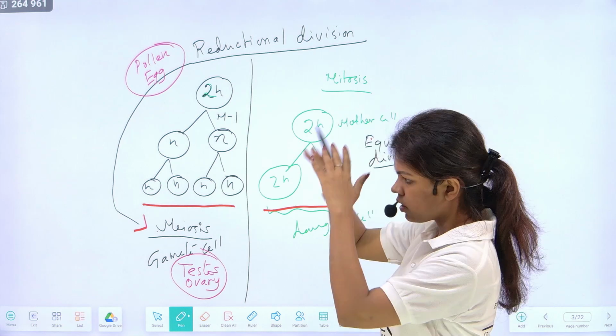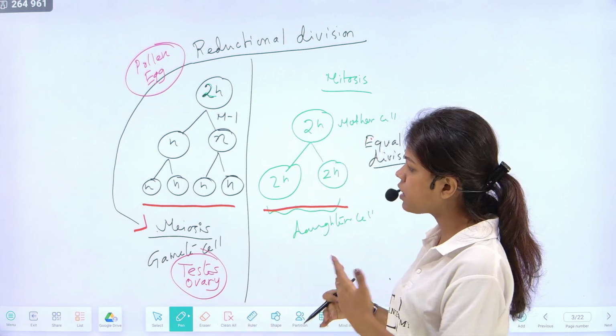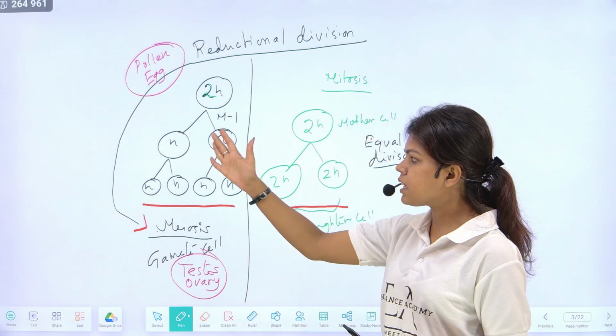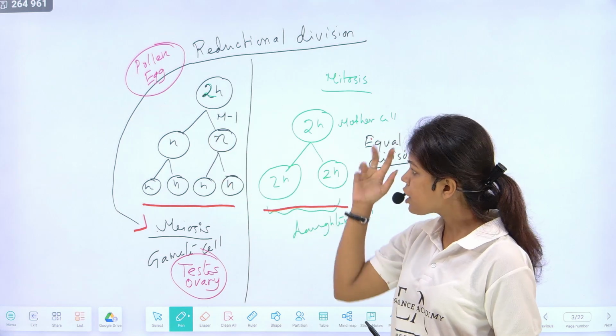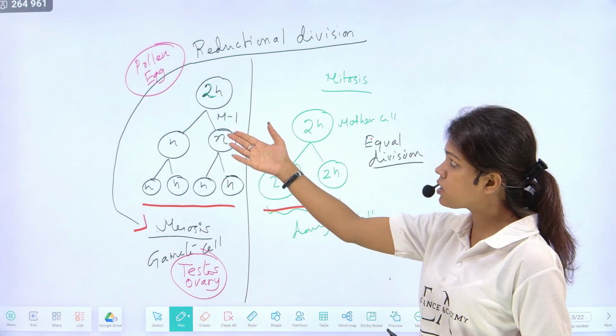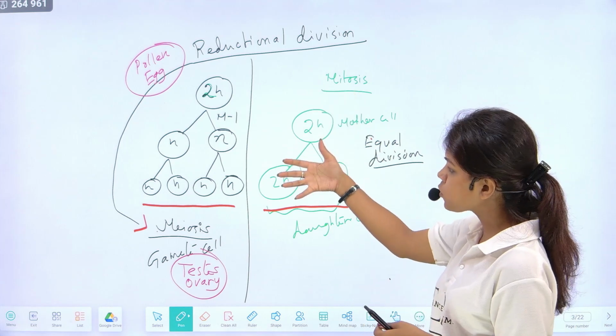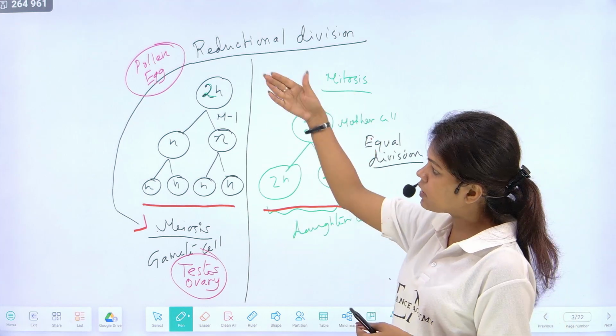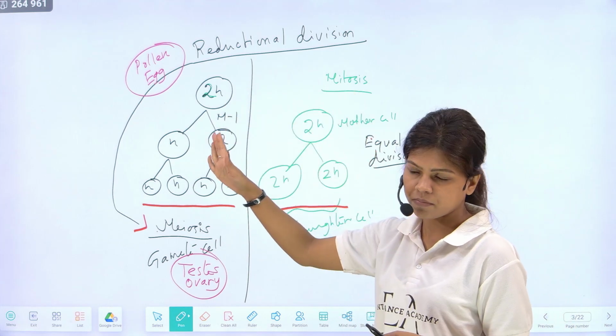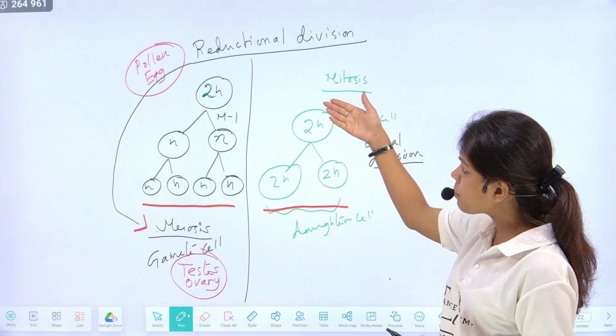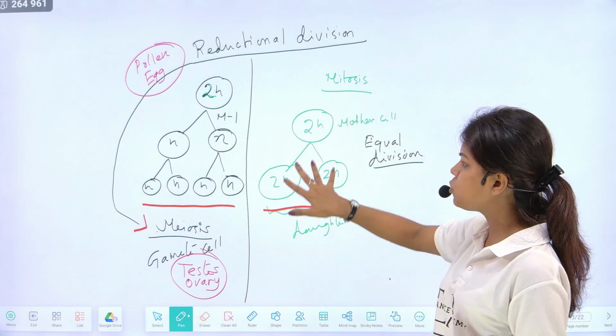So, a summarization of these differences: mitosis cell division is known as equal division, meiosis is known as reductional division, because here the number of chromosomes remains the same, here the number of chromosomes becomes half. Second, during mitosis cell division, from one mother cell, two daughter cells are produced.